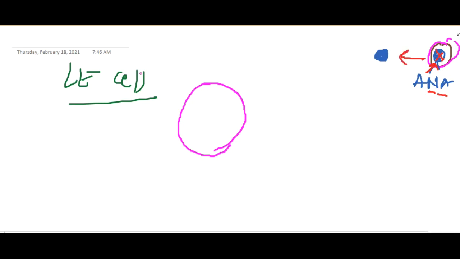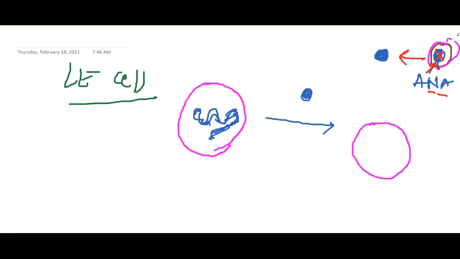Now the normal neutrophil with multiple lobes, or normal macrophages, will engulf this hematoxylin body, and once they engulf it, the nucleus of the cell is pushed outside to the periphery.